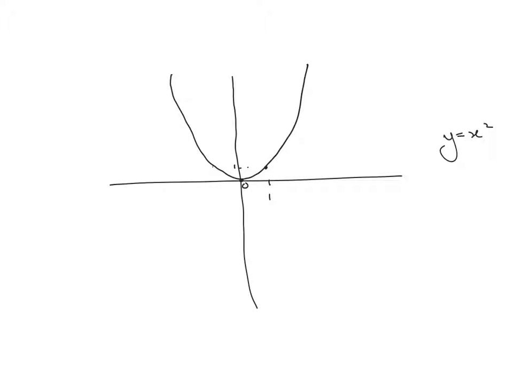Now, what we've learned is that as the number gets bigger, my graph gets narrower, but in this case there's no C value, so it still crosses at the 0. So this would be y equals 2x squared, for example.